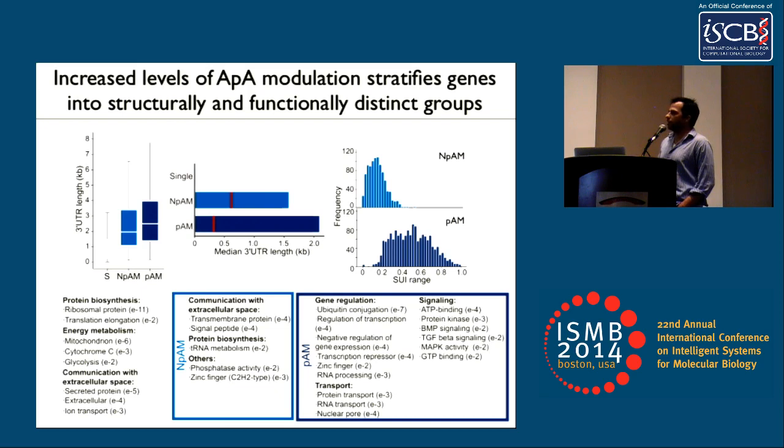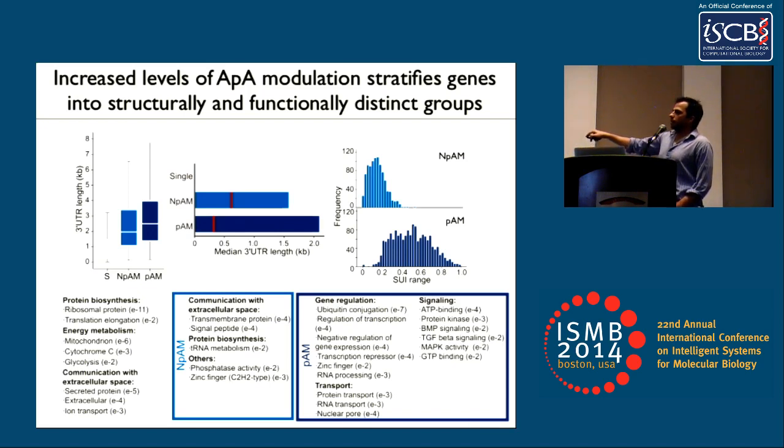So the first thing I want to point out is that when you look at single isoform genes, NPAM genes, or PAM genes, so when we look at genes that have increasing levels of regulation or modulation by APA, these genes are both structurally and functionally distinct, right? So in terms of structure, the 3' UTRs get longer and longer with increased evidence of APA regulation.